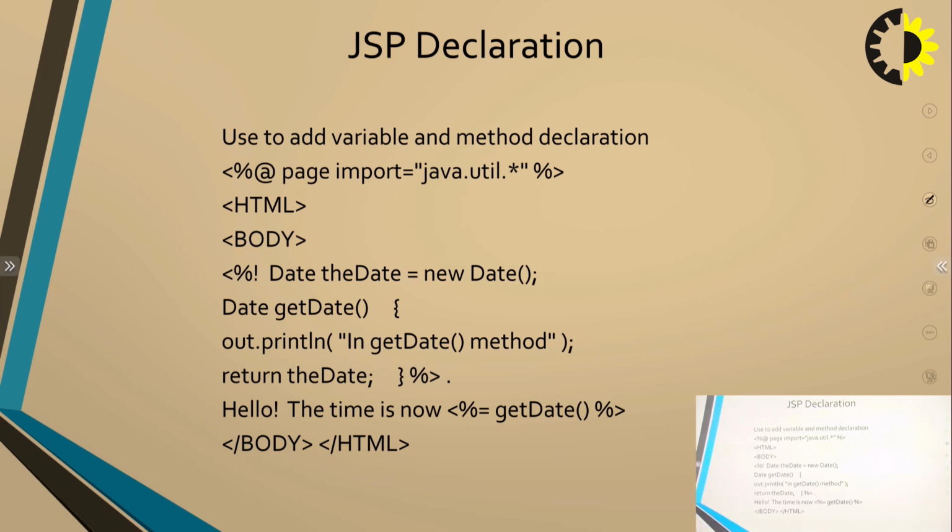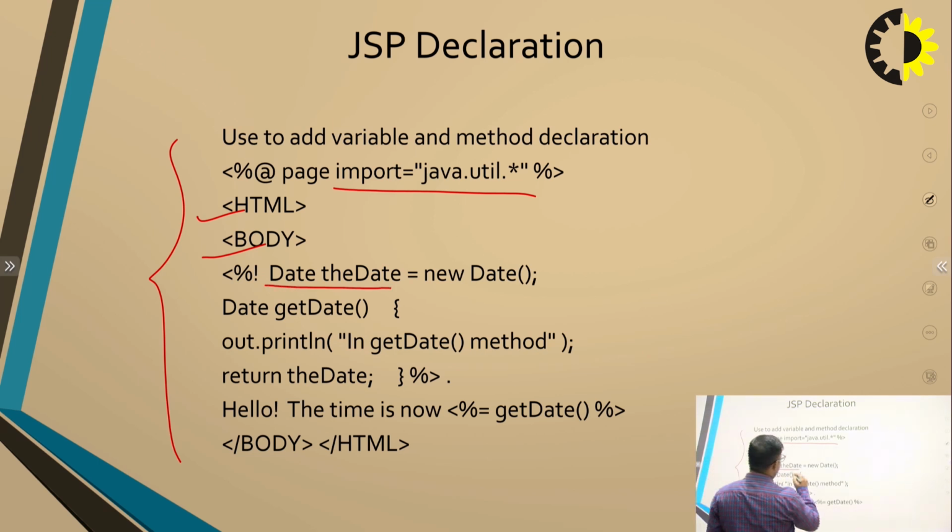Used to add variable and method declaration. Which way will we use it? It's the next program. First of all we will import the package java.util.*, then HTML, then body, then percentile not date, the time, date equals new Date, get date.